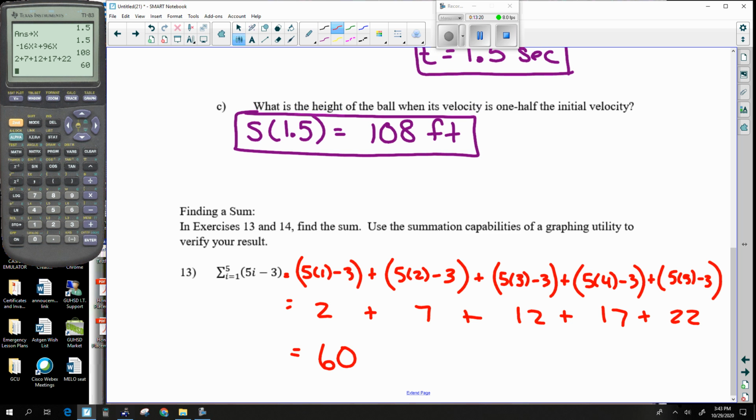I can double verify by making my stat equal to 1, 2, 3, 4, 5, and I can take the sum of 5, list 1 minus 3. It is the same.